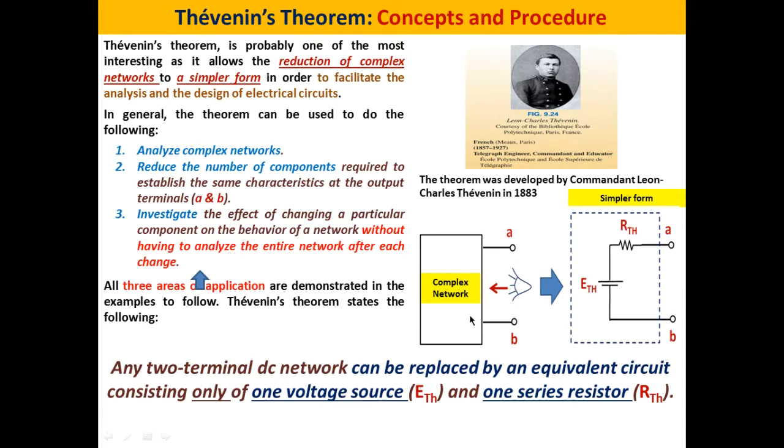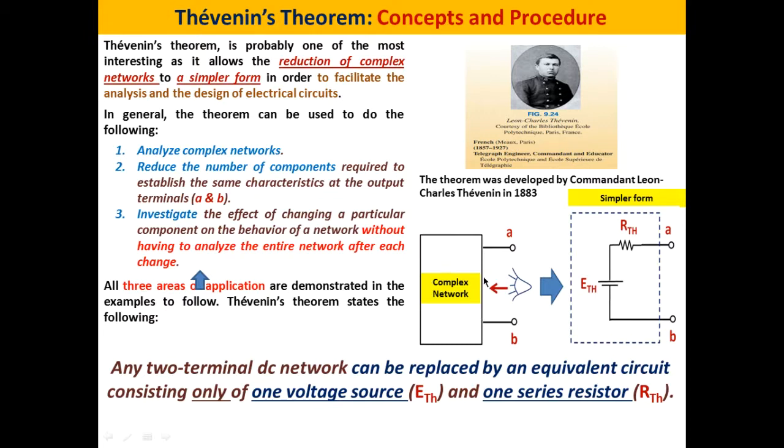Let's consider a complex network as shown here. This complex network might include more than one source, many voltage and current sources, resistors connected in parallel and in series.